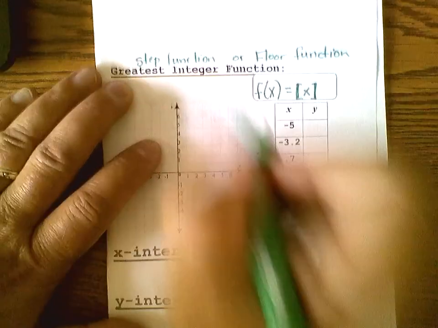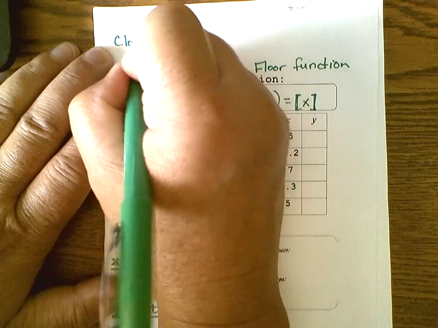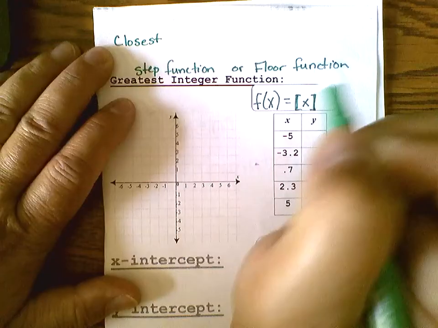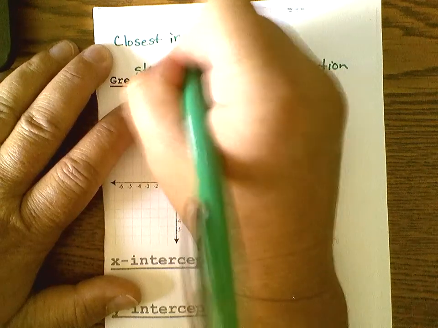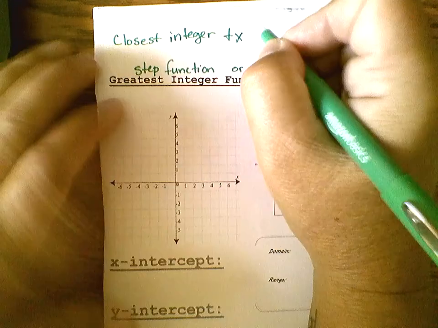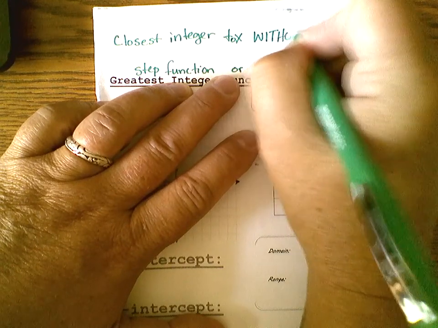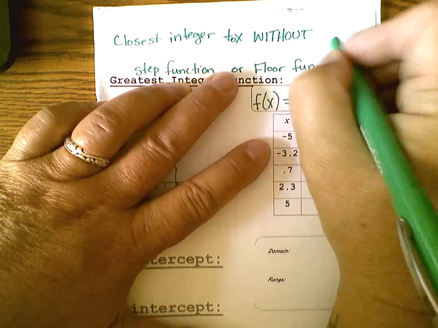And what it is, it finds the closest integer to x without going over, okay? So that's the weird part.